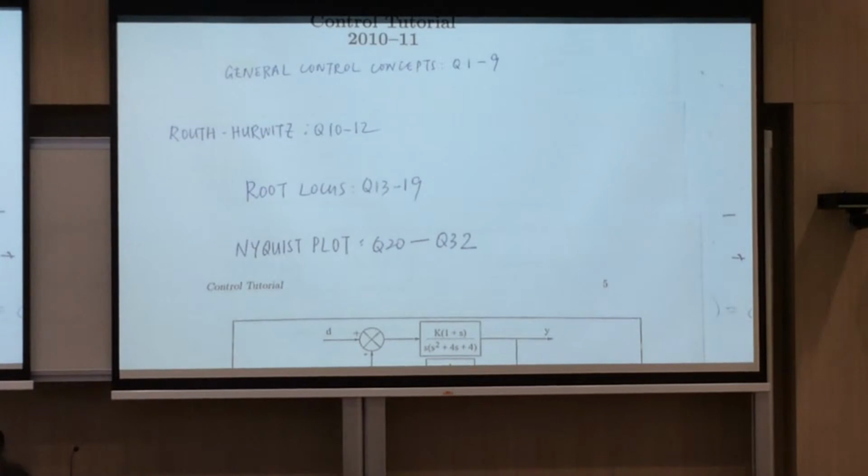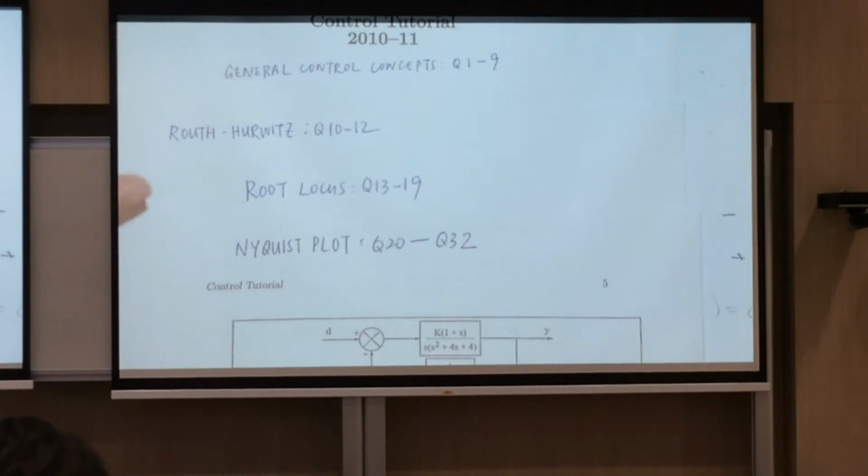We have gone through some. Also, what can be tricky here? We can give you coefficients for a characteristic equation, and some coefficients are not there. So at one look, all you need to tell us is that it is not stable for any value of K. So there are some tricky questions that we can set from there.